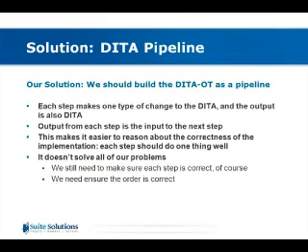So in order to construct this as a pipeline, what we're going to do is set it up so that our input is DITA and our output is DITA. So then when we have input that's valid DITA and output that's valid DITA, that allows us to chain a whole bunch of different changes together.